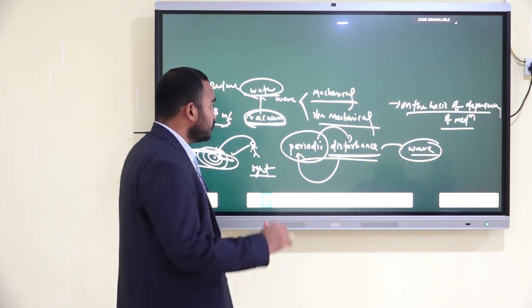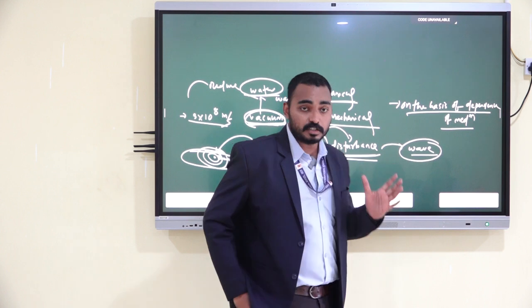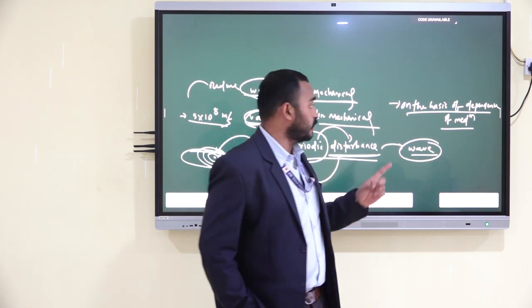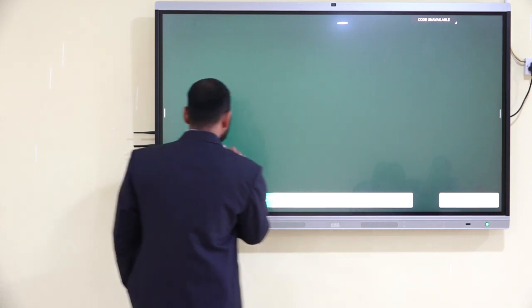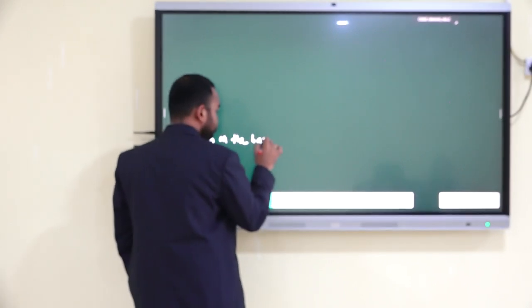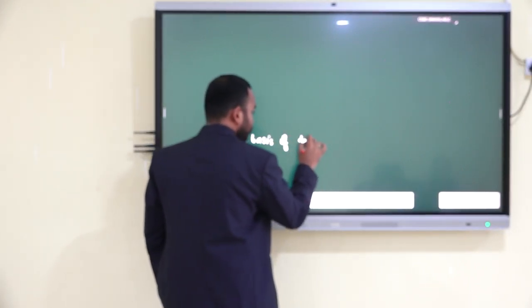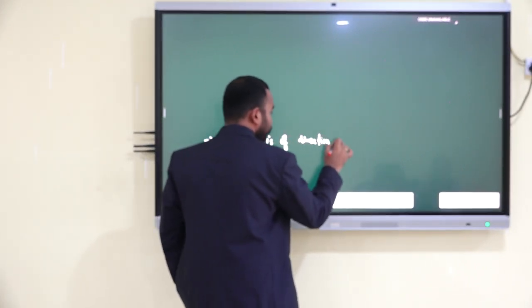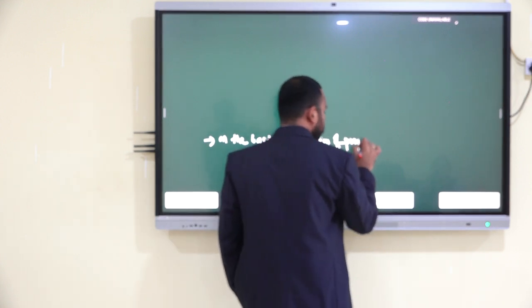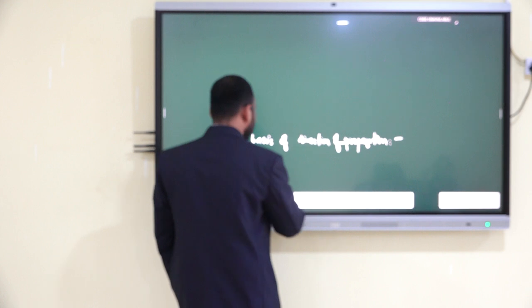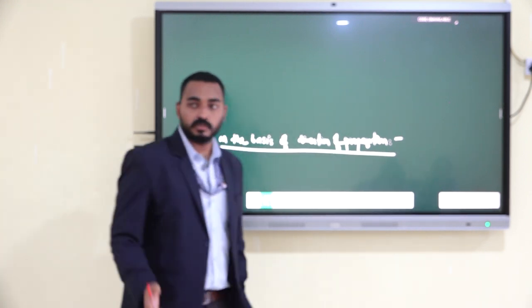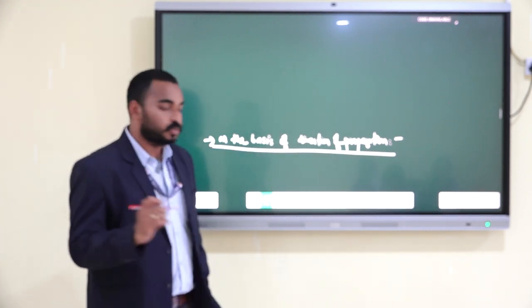समझ में आया? Now this is the basis, this is the classification of the wave on the basis of what? Dependence of medium. But if we again want to classify the wave on the basis of direction of propagation, then we will classify the wave as two types.